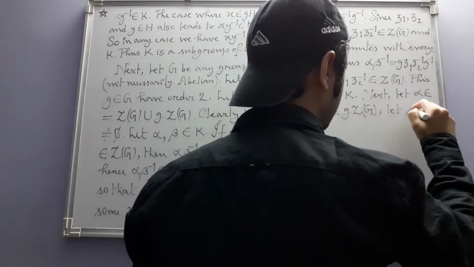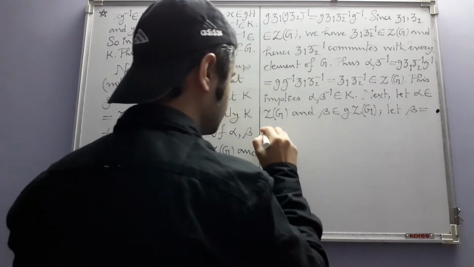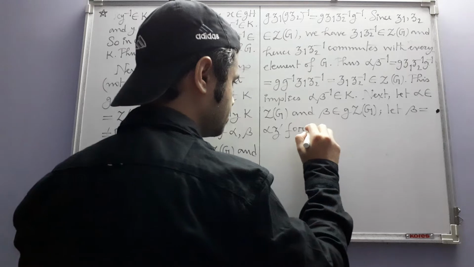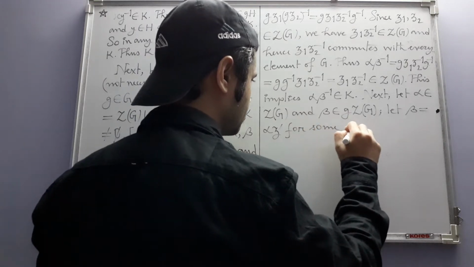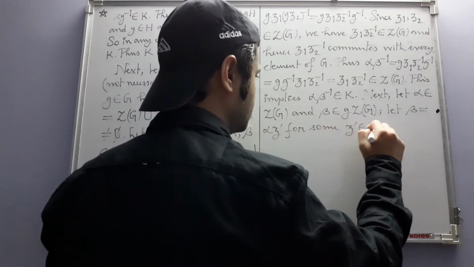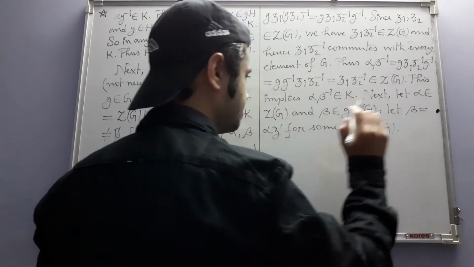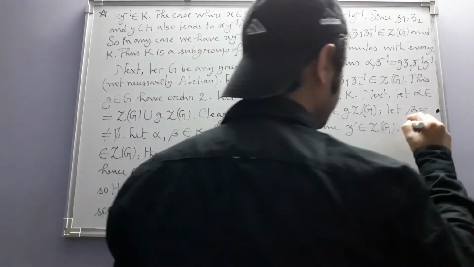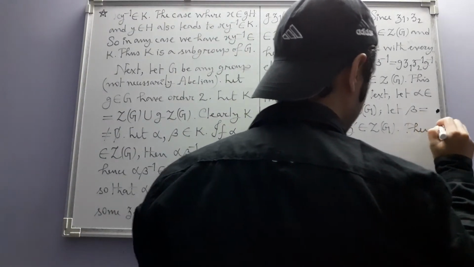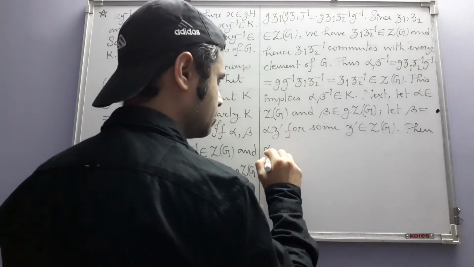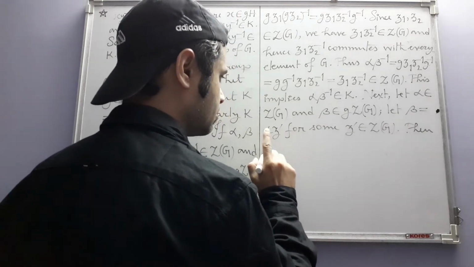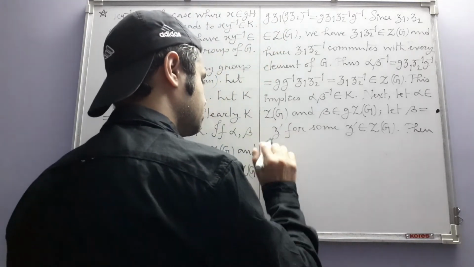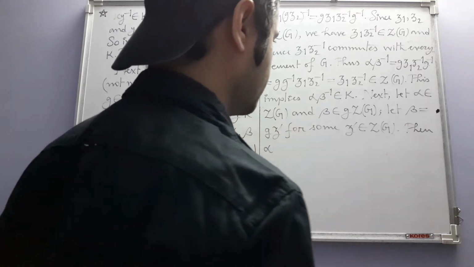Let beta be equal to G z prime for some z prime in the center. Again, we are going to calculate alpha beta inverse. Then, now what have I written here? Oh, sorry, G times. Sorry about that.